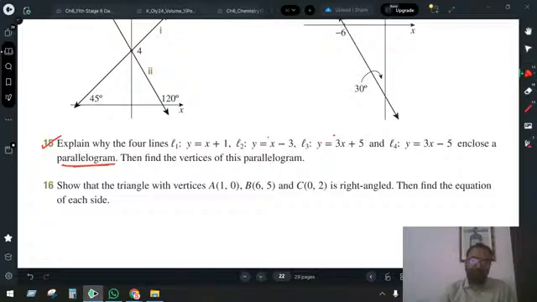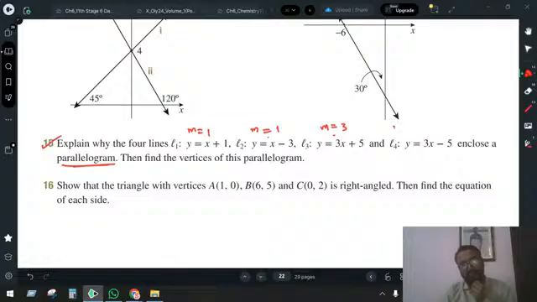So what is the gradient of the first one, L1? 1. What about here? Gradient 1. What about the next gradient? 3.